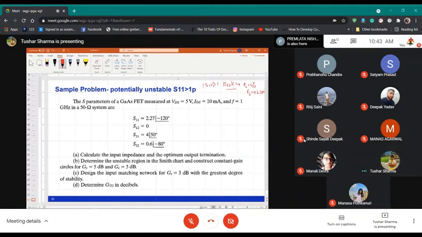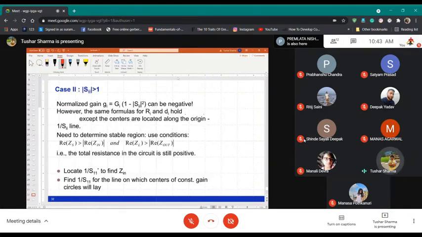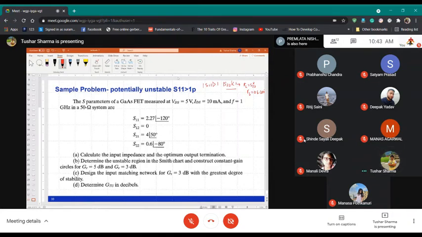Now, what is my Z in this case? As I mentioned earlier, to calculate the input impedance, locate 1 over S11 conjugate. So 1 over S11 conjugate means 1 over 2.27 angle minus 120, conjugated.